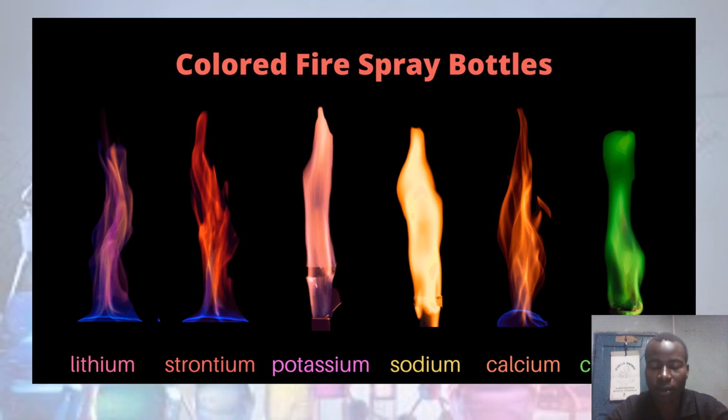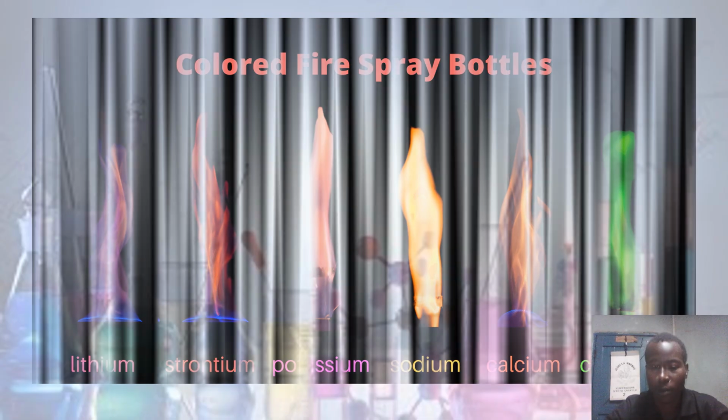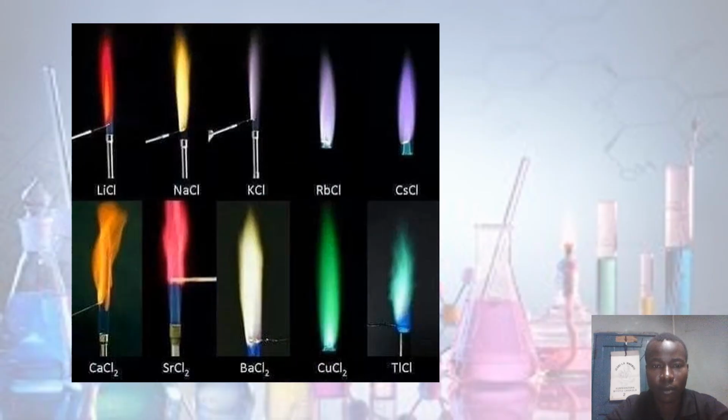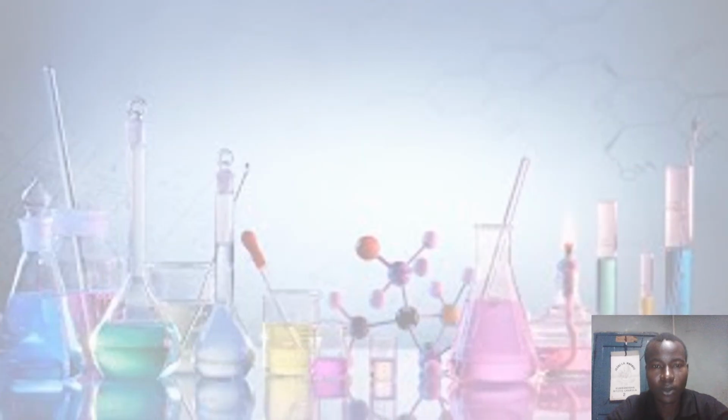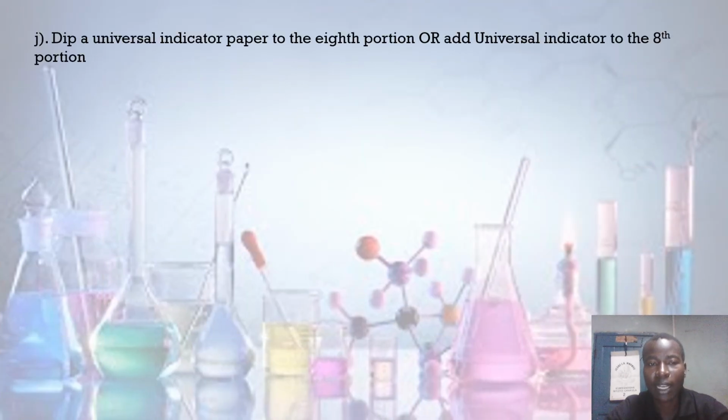Those are the kind of flames you are expecting as you put that nichrome wire that you have dipped in the test solution. So those are some of the colors that you are expecting.